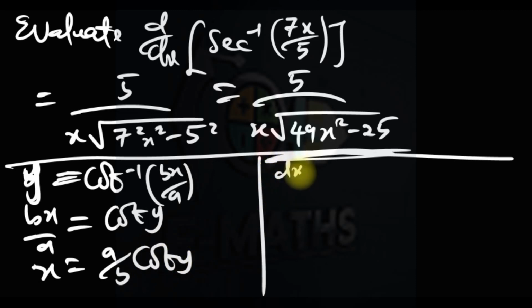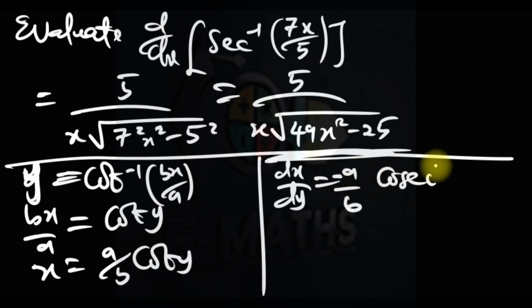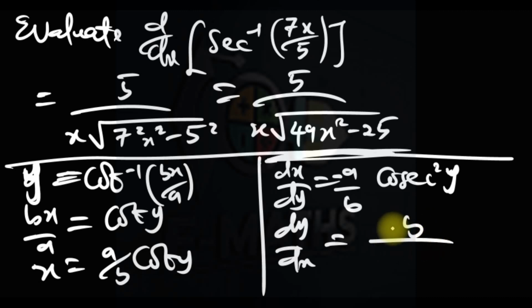So we differentiate x with respect to y. If you differentiate cot y, it is minus cosec squared y. So we have dx over dy is minus a over b cosec squared y. If I reciprocate, dy over dx is now minus b over a cosec squared y.